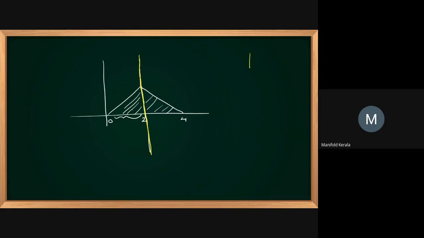For example, suppose I want to find the energy of this particular signal. This is a trapezium. Let us say this is -3, this is -2, 0, this is 2, and this is 3. This is a symmetric figure. If I want to find the energy of this figure, you need not take from minus 3 to plus 3.